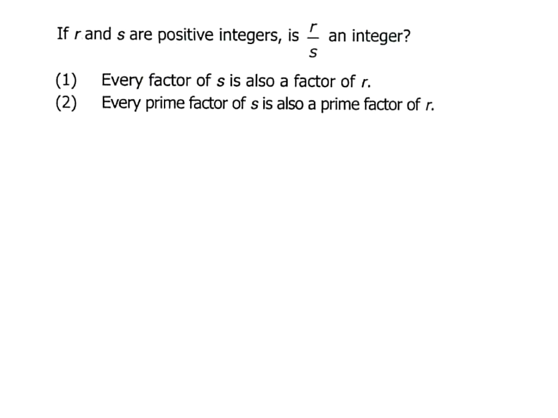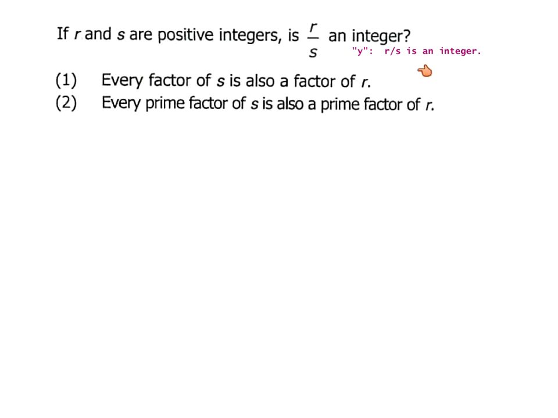So is R over S an integer? It's another yes-no question. Yes means that R over S is an integer. What does this also mean? If you can divide two numbers and get an integer, what's it the same thing as saying?